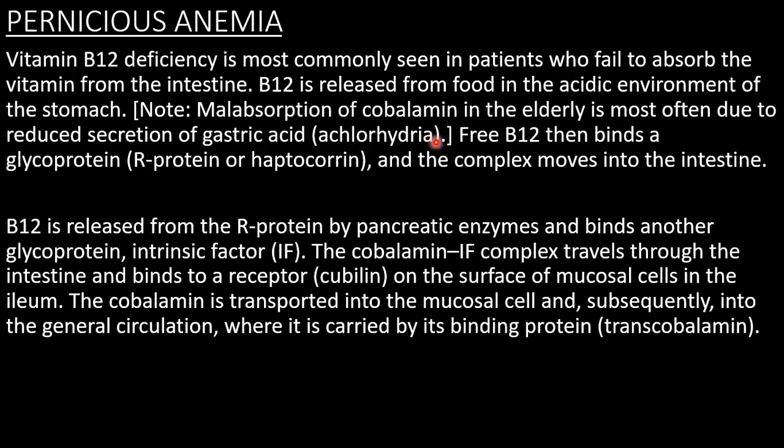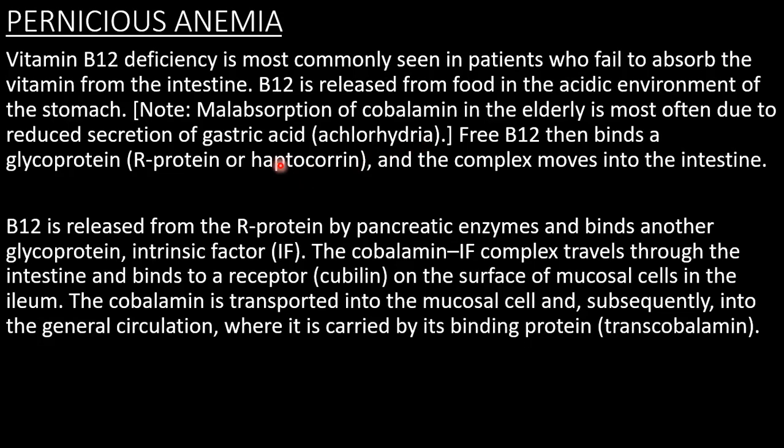But once we extract the B12, it has a very high affinity for a glycoprotein which is produced by the salivary glands known as haptocorrin or the R protein. This haptocorrin, or R protein, you can find in some texts referred to as transcobalamin 1. Transcobalamin 1, please remember that.